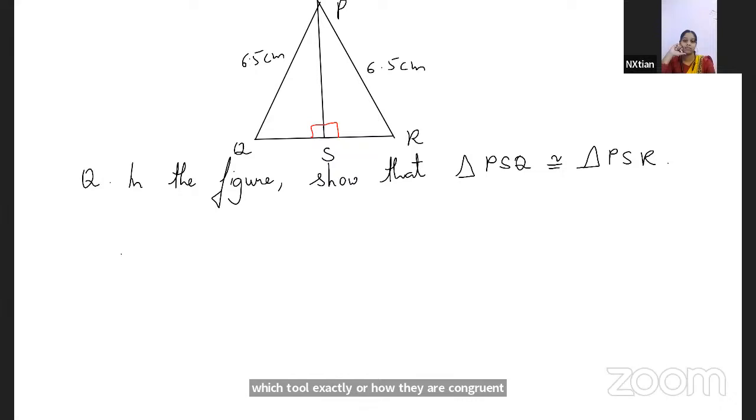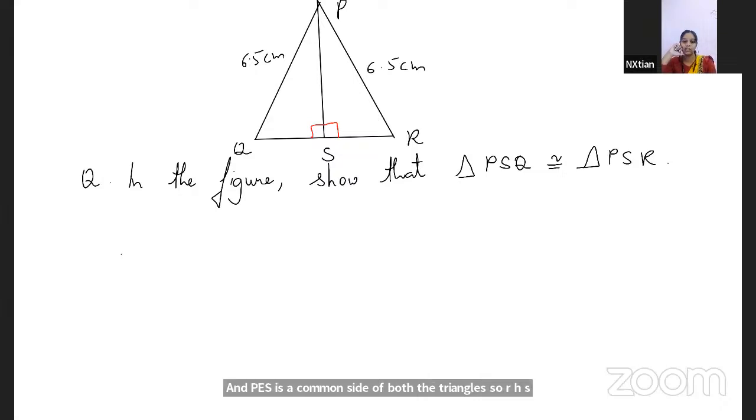Ma'am, RHS. Okay. Why RHS? Ma'am, because there is a right angle over there, then 6.5 centimeters and 6.5 centimeters are the hypotenuse, and PS is the common side of both the triangles. So RHS.